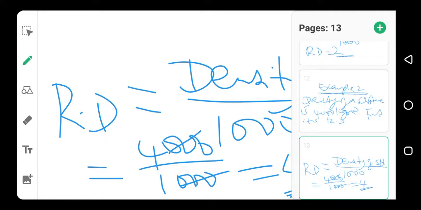Don't say that the density of water is 1000. You must use the density of water that is given to you. But in a case where you are not given the density of water at all, you divide by 1000 and get your relative density.